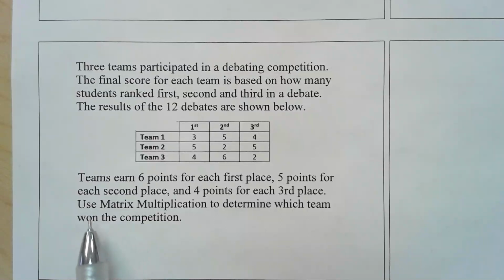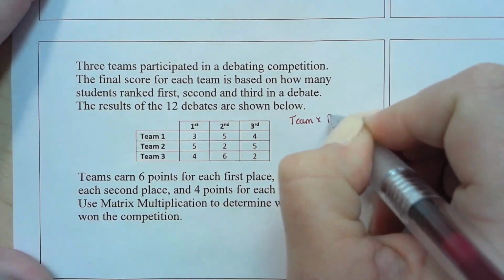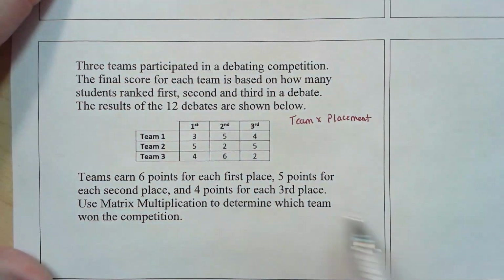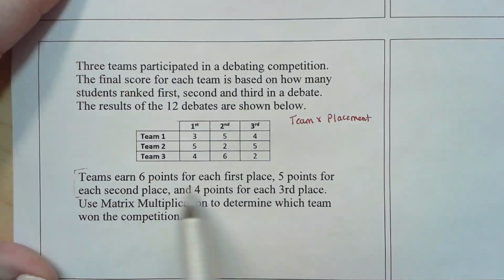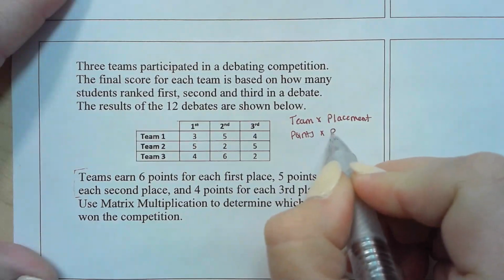Well, we are going to use matrix multiplication to determine which team won the competition. So let's think about the information we have. We have teams by placement, right? First, second, third. And then in here, we also have information that tells us points by placement.